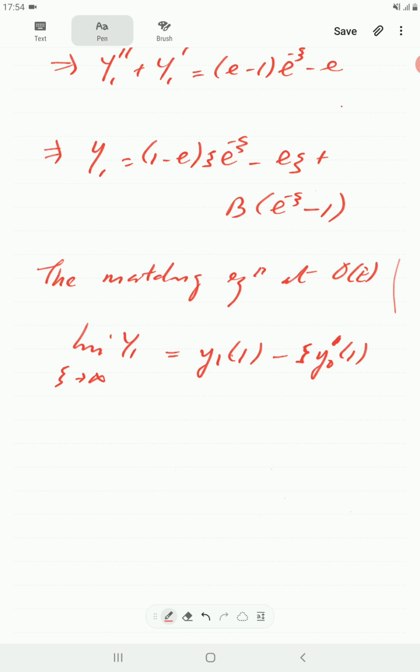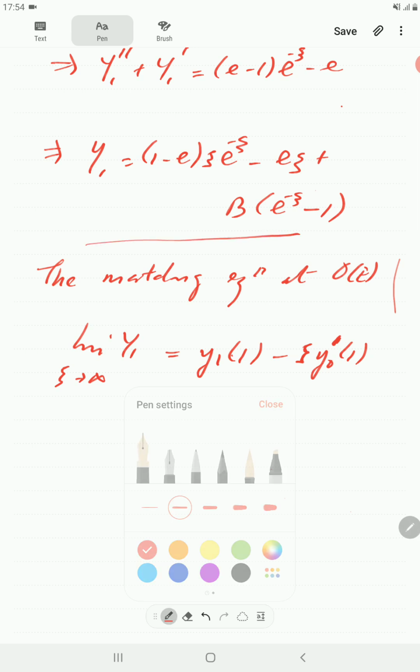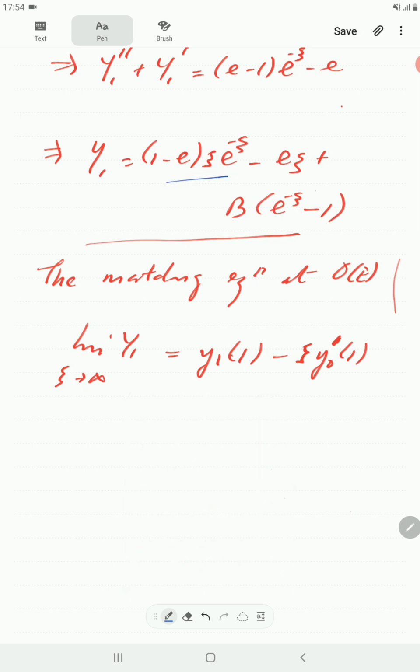Now, on the left hand side here, just let xi go to infinity there. The first term is going to go to 0. This one is just going to remain like that, but be very large. This one is going to give us minus b. Okay, y1 in the outer solution evaluated at 1.